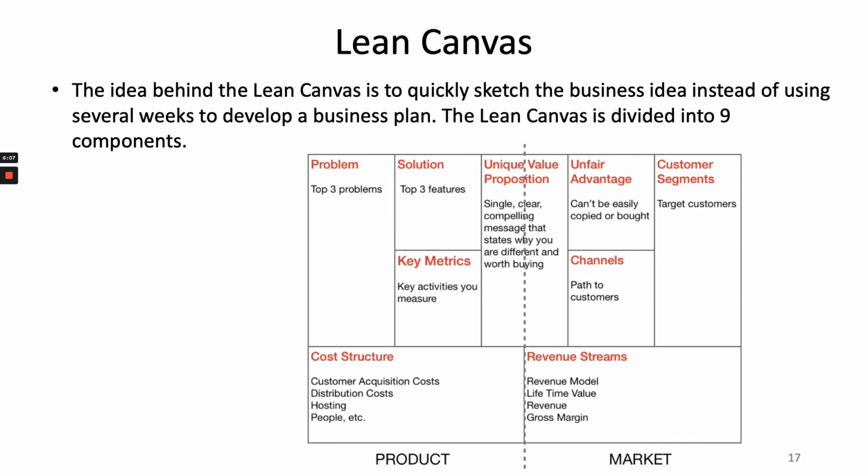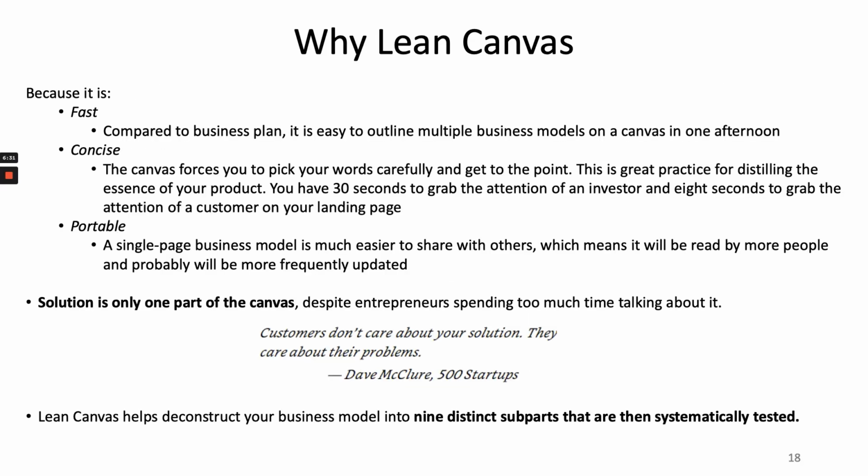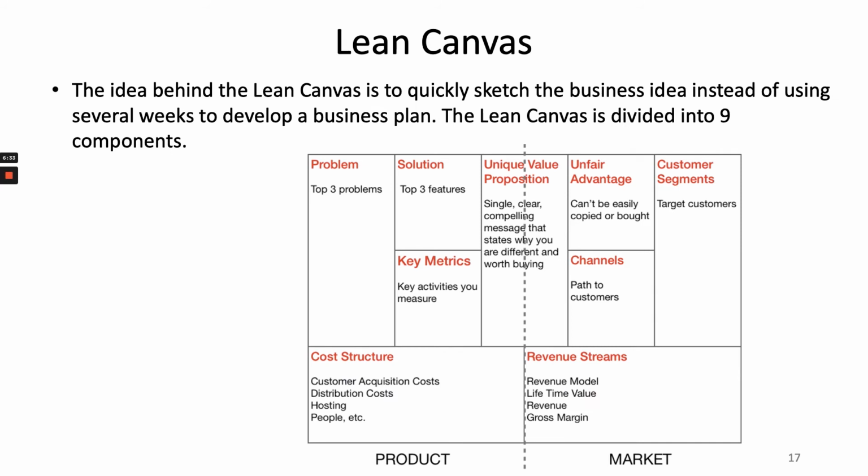So Lean Canvas. The idea behind the Lean Canvas is to quickly sketch the business idea instead of using several weeks to develop a business plan. The Lean Canvas is divided into 9 components. You start with the problem and customer segments. I think I will tell you more. Then you find the solution.